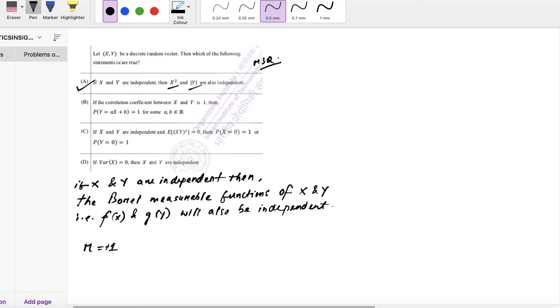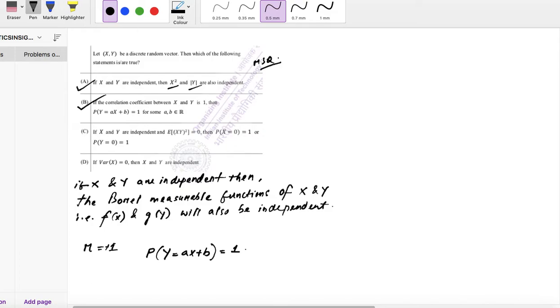So in probabilistic terms, what we can write is: probability that y equals ax plus b is 1. This means we are absolutely sure that there is a linear relationship. So option B is correct.